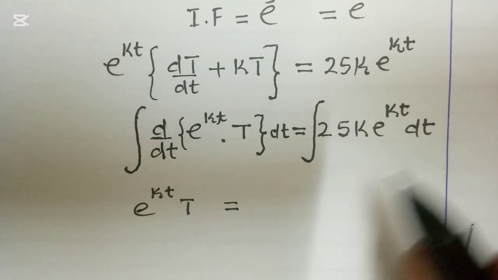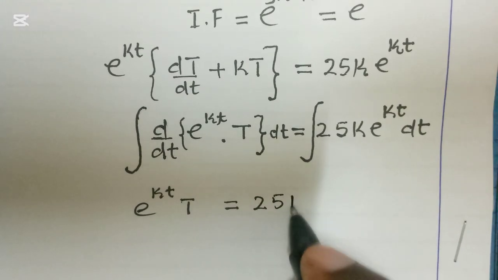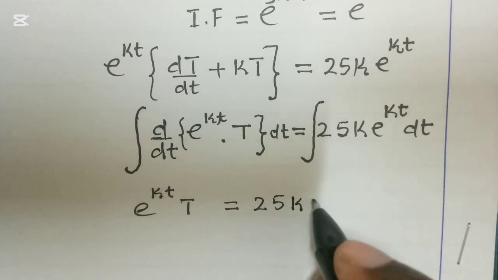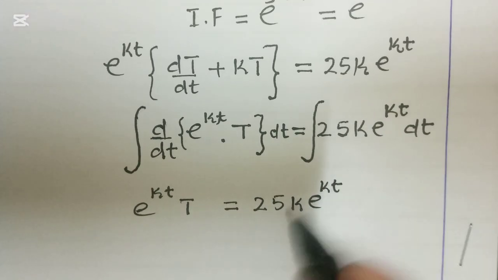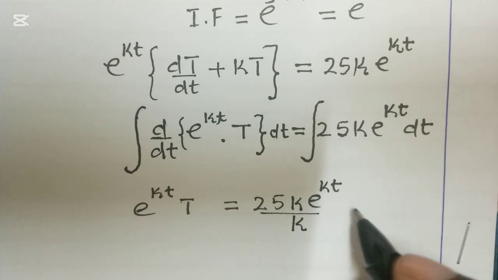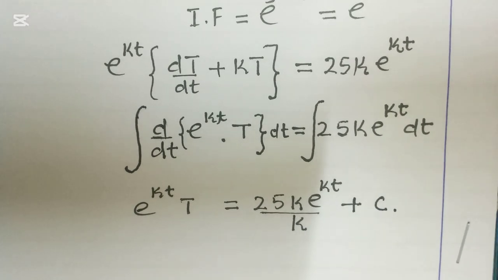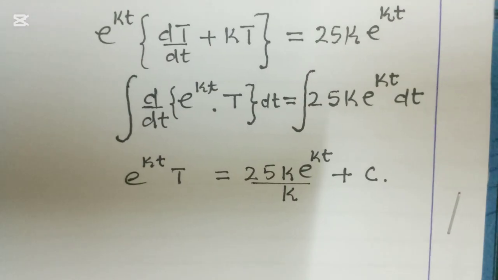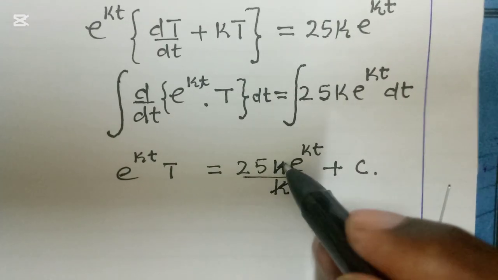If we integrate this side, we are going to have 25k e raised to kt all over k, plus c. So that's what we are going to find on that side. So guys, we can now cancel the k.